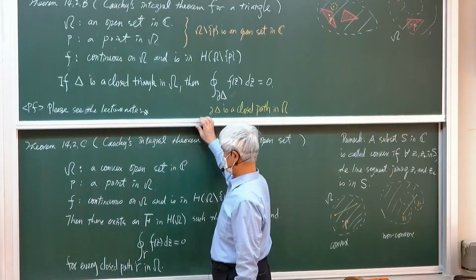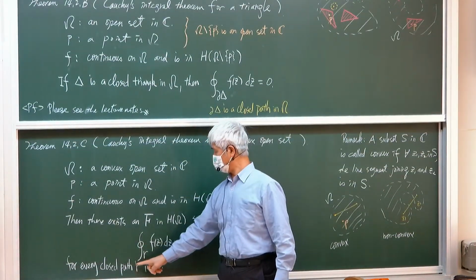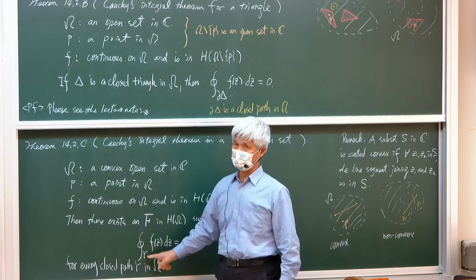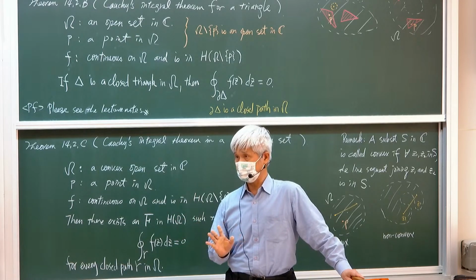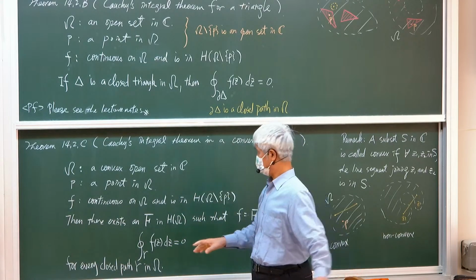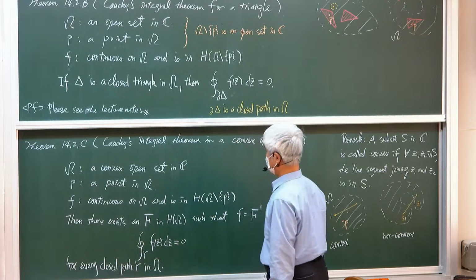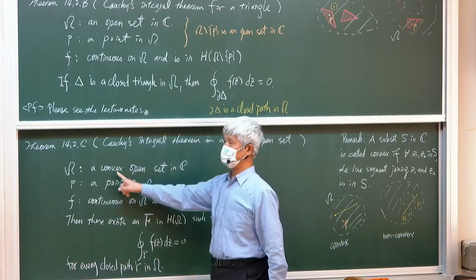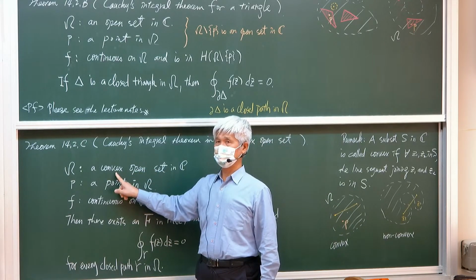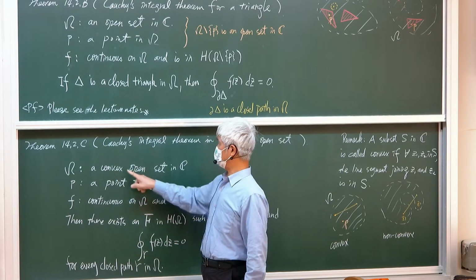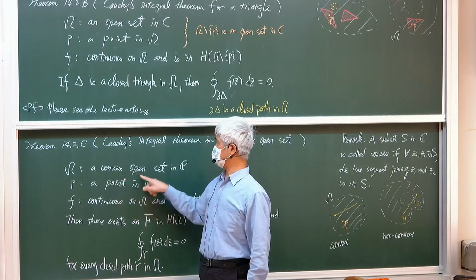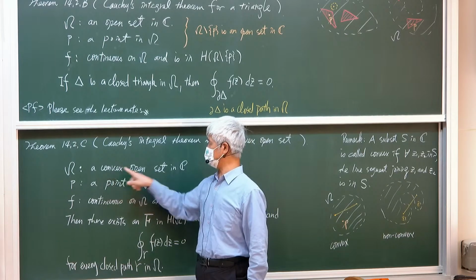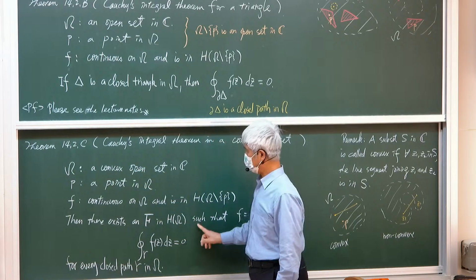Here, the closed path gamma can be arbitrary, not necessarily the boundary of a closed triangle. It can be anything, but we require the open set to be convex. So we restrict to a subclass of open sets, which should be convex open sets.